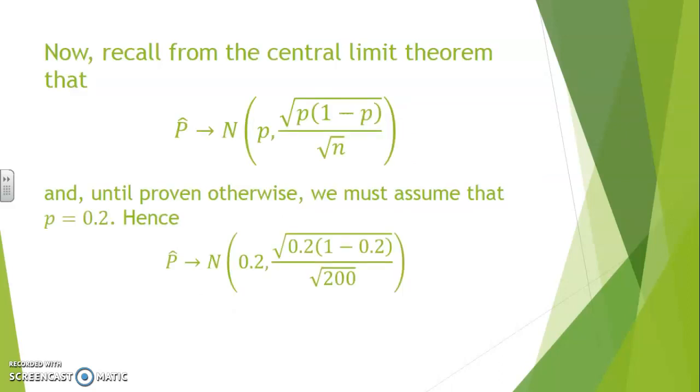Now remember from the central limit theorem that a sample proportion is always centered at p, and its standard deviation is root of p, 1 minus p over n. Until proven otherwise, we are assuming p is 0.2, and therefore p hat has a normal distribution centered at 0.2 with standard deviation of 2.83%.